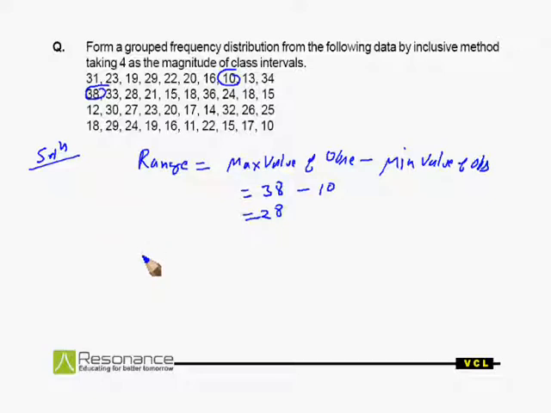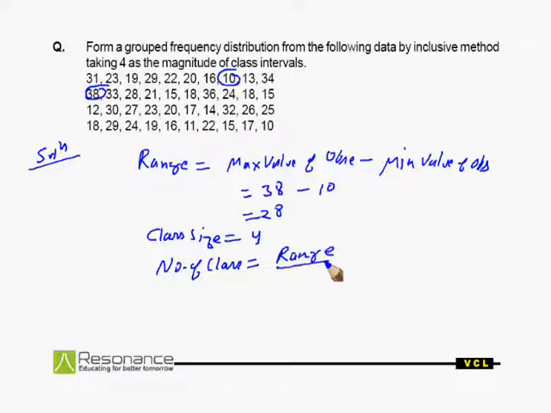Now, the size of the class interval, or you can say the class size, is 4. So the number of classes is defined as range divided by the class size.